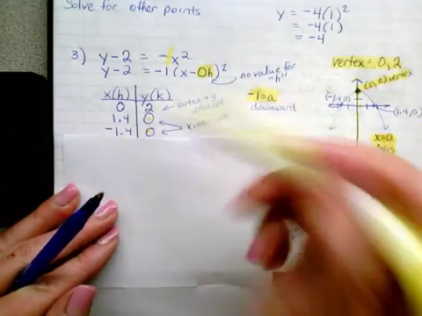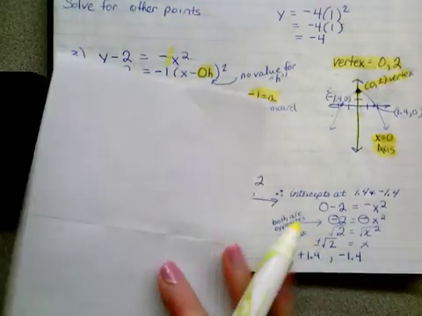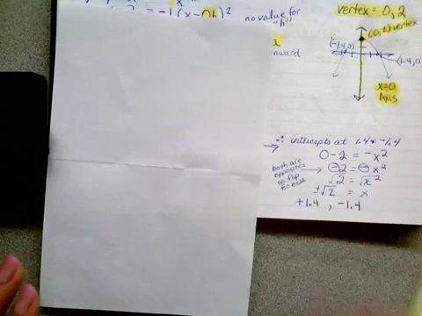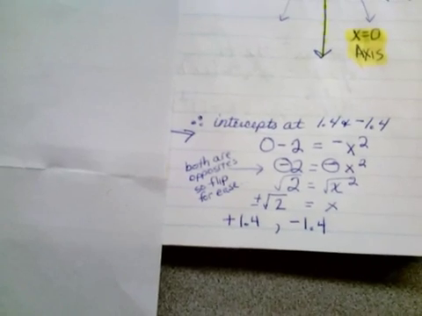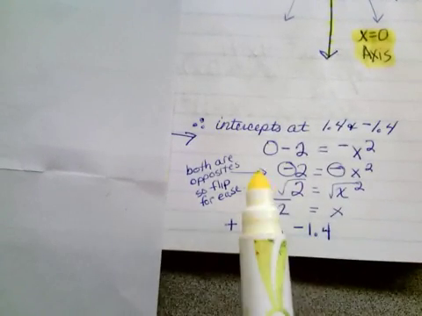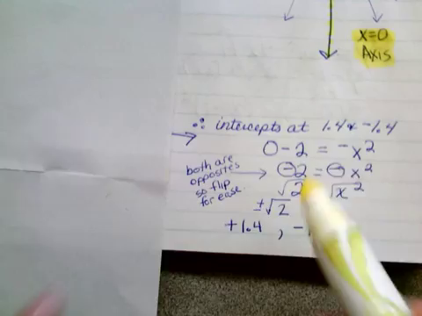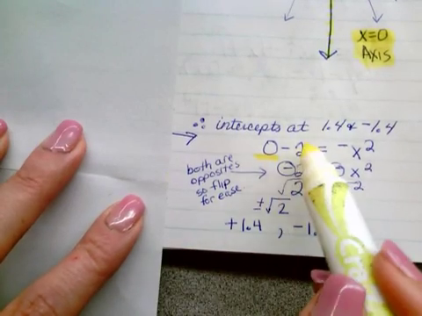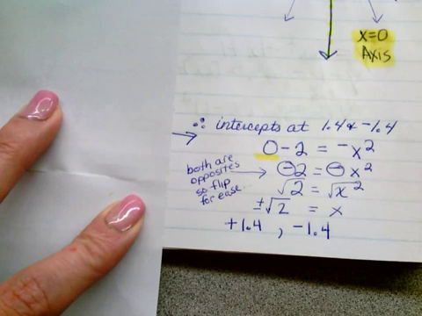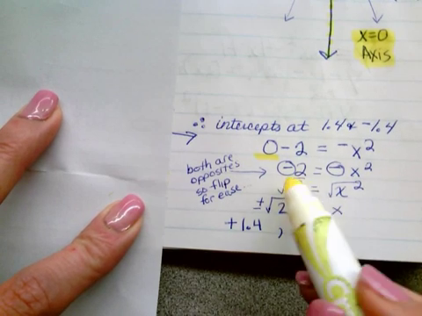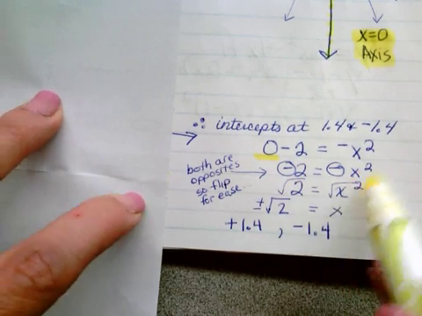So if I plug in zeros for y, it's going to look like this. Right over here. I know that's a little bit small. So, the equation y minus 2 equals negative 1x squared. Okay? Negative 2 equals negative x squared.